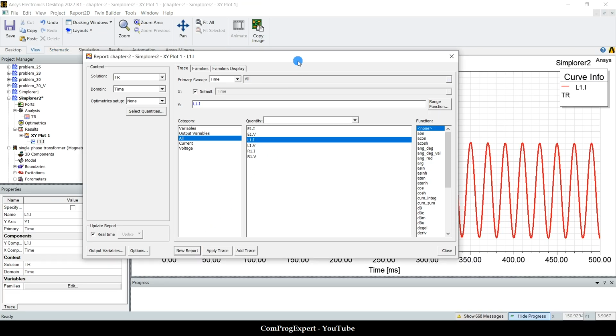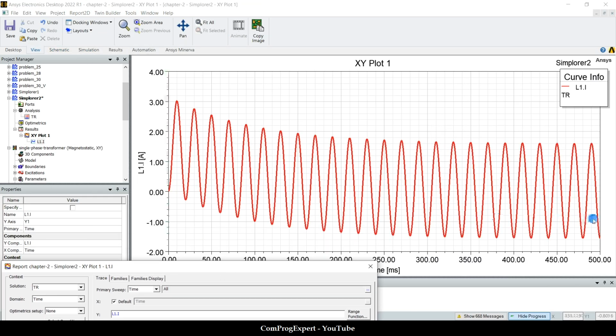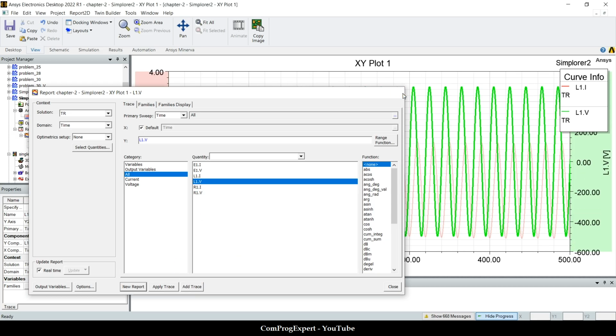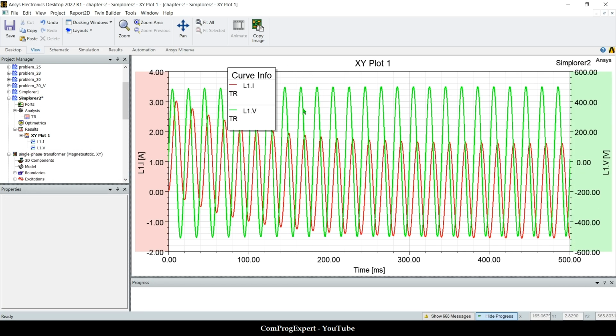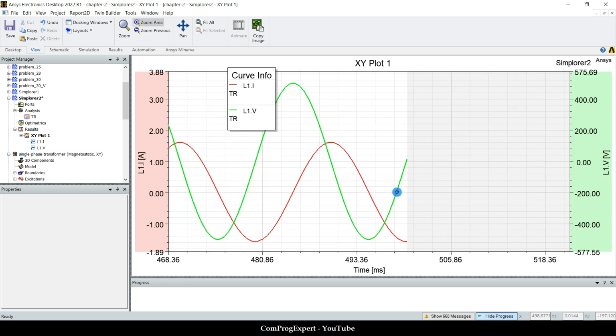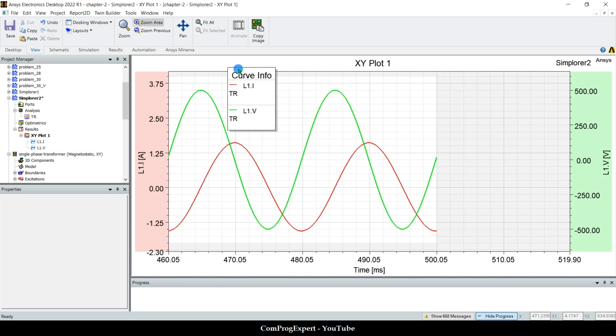If I plot L1.I, this is the inductor current. Yes, we have this waveform. Here we have the steady state value, and this is the inductor voltage. So if we focus on the last time period, as you can see, here we have pure waveforms for the voltage and current.